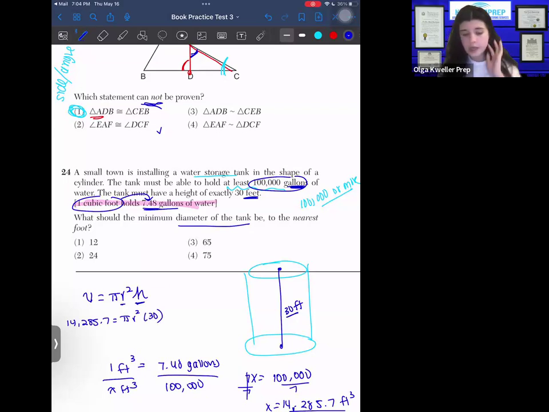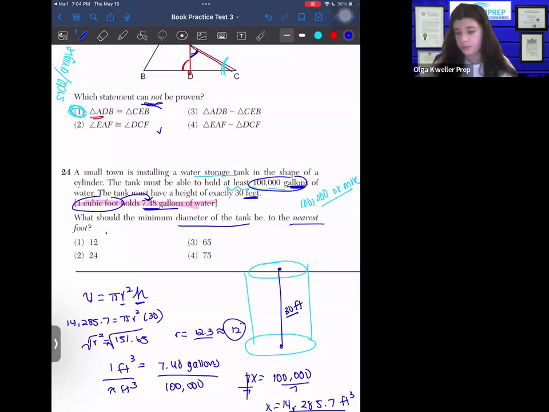So now we divide both sides by 30, then we divide both sides by pi, we end up with radius squared is 151.65. They want it to the nearest foot, so you use your calculator to square root both sides. And we get our answer, which is 12.3, but they want us to round it, so we would just round it down to 12.